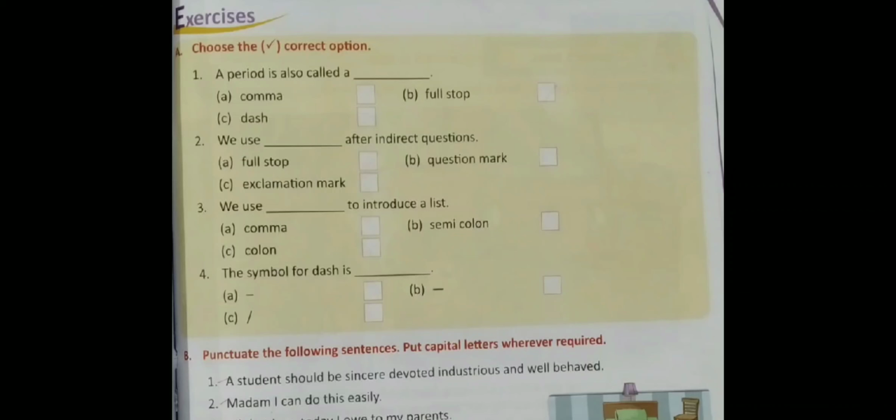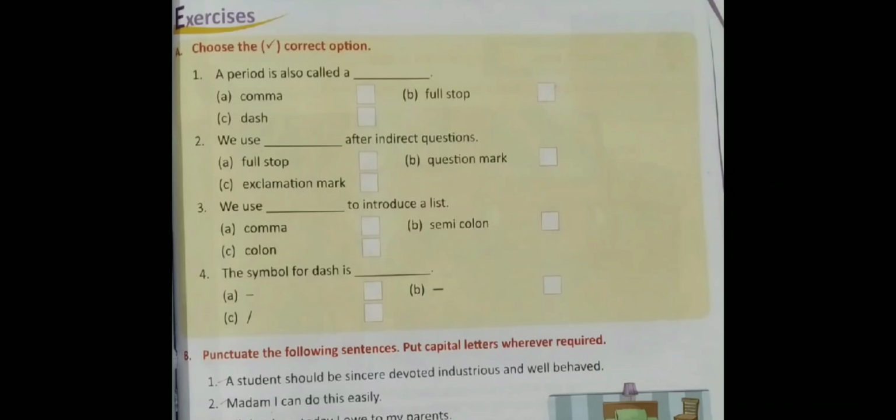That is option B. We use dash after indirect questions. We use question mark. Question mark or full stop? I have taught you. Yes. Question mark is used only when direct questions are asked, isn't it?